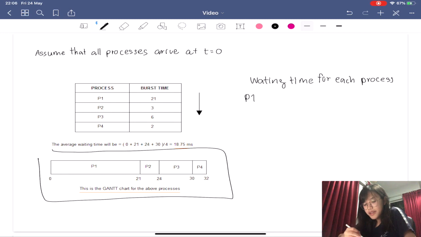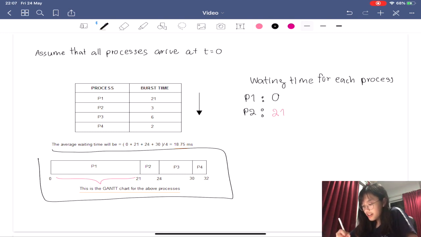P1 is the first order, so it doesn't have to wait for anyone, so 0. And P2 has to wait for this one, after P1 executes, so it will be 21.